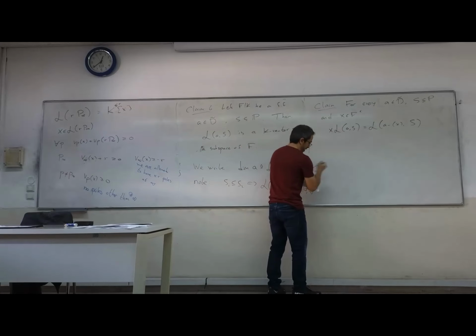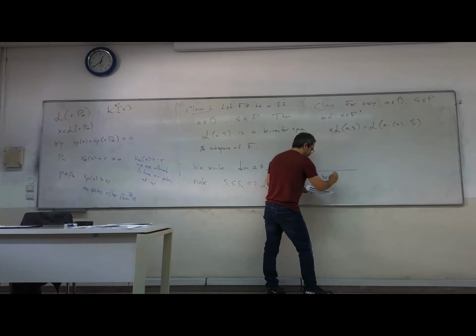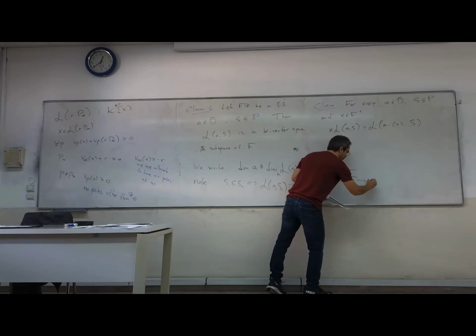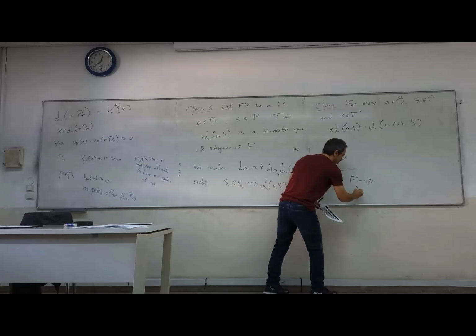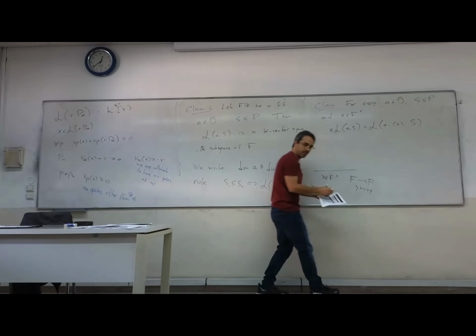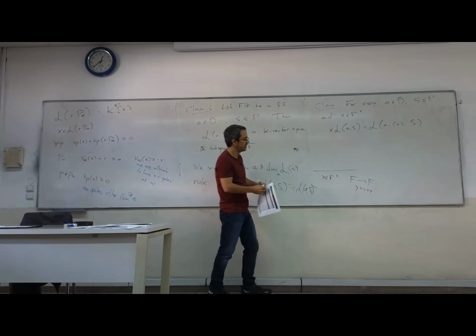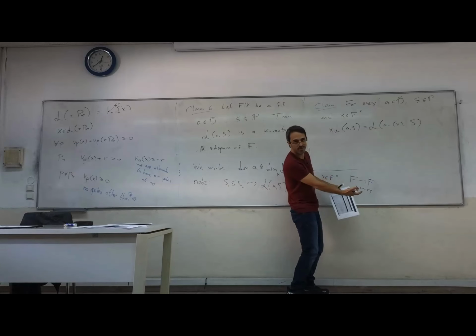If you take x in f non-zero, then there is a map from f to f which is multiplication by x. Any element y goes to x times y. It's a linear map over k. I mean, y plus z goes to xy plus xz, which is x(y+z).